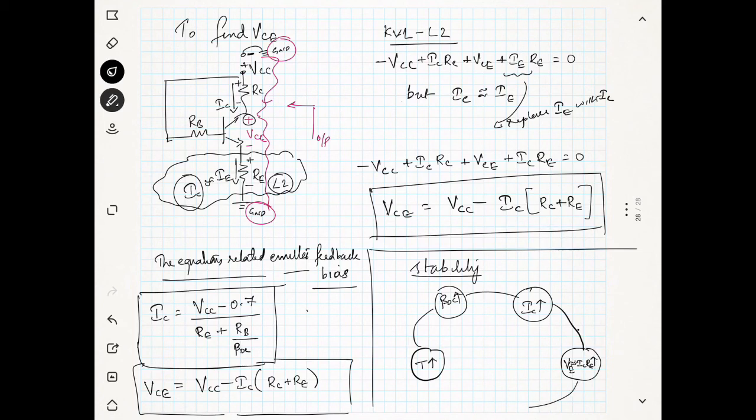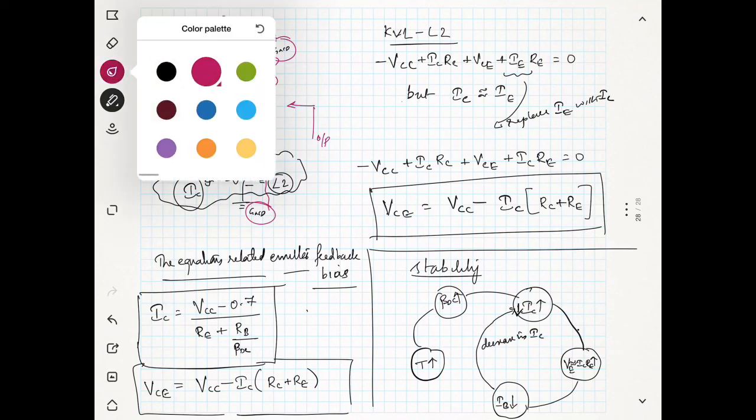Whenever VE increases, you see here the voltage at the emitter is increasing. It will oppose the increase in IB, or we can say that it will reduce the IB. So this will cause the reduction in IB, and it will cause a decrease in IC. That means IC will try to decrease.